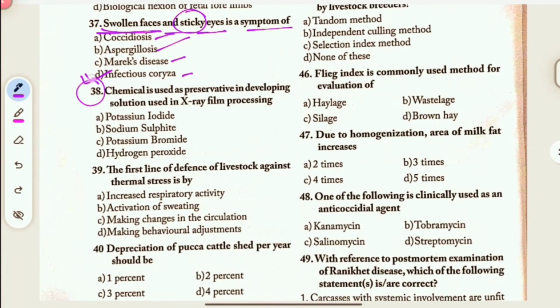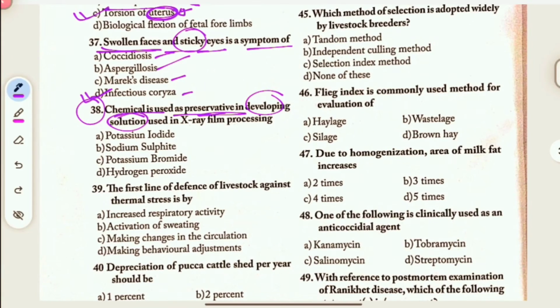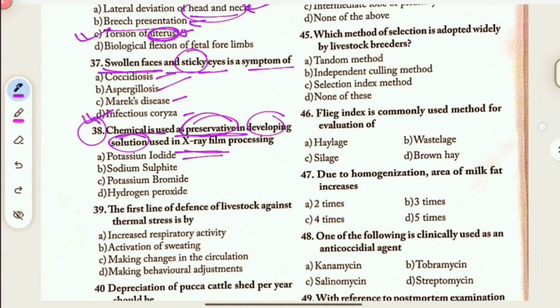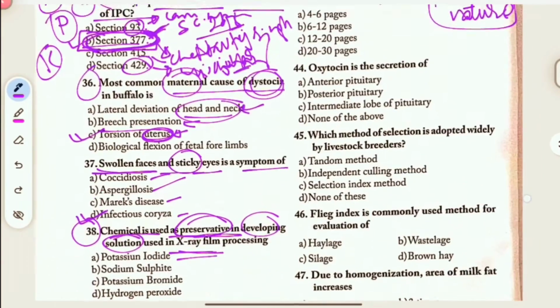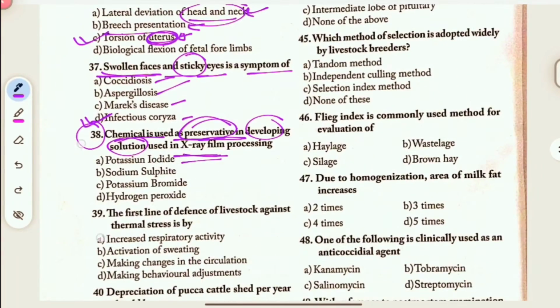Now question 38 says: chemicals used as preservatives in developing solution. What is the chemical used as preservative in developing solution? In the processing of X-ray, there are 3 to 4 solutions. We'll see them first, then answer this question later.